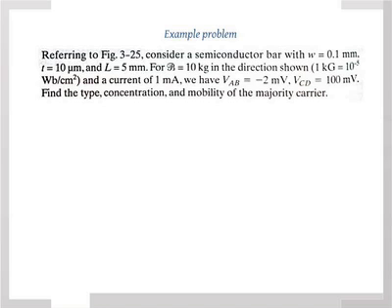Don't worry too much about it. That's just the units of the magnetic field. And a current of 1 milliamp, which is what you measure, we have a voltage of minus 2 millivolts. V_CD is 100 millivolts, which is the other direction. This is the built-in voltage that appears. Find the type, concentration, and mobility of the majority carrier.